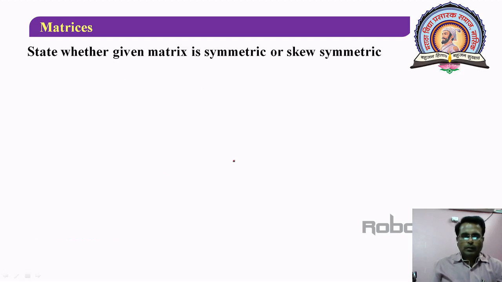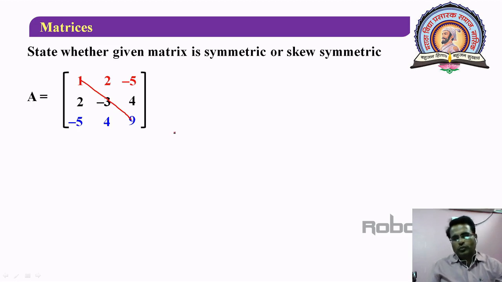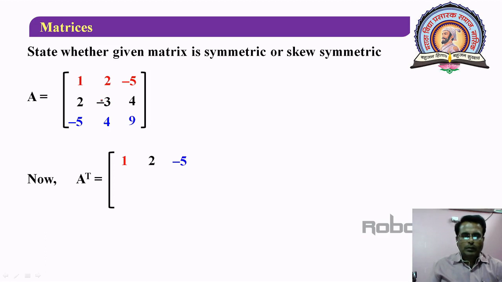Then state whether the given matrix is symmetric or skew symmetric. Suppose A has elements 1, 2, minus 5, 2, minus 3, 4, minus 5, 4, 9. So this is your diagonal, and to check whether it is symmetric or skew symmetric, you have to write its transpose. So consider A transpose. Now the first column comes as a first row, 1, 2, minus 5.